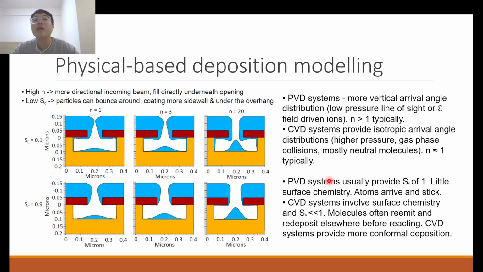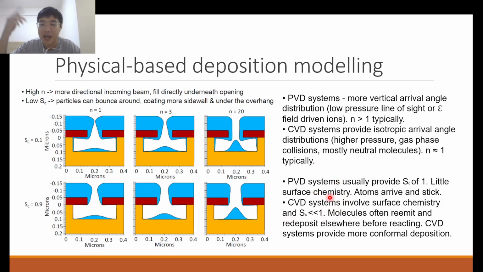Okay. And for SC, PVD systems usually provide an SC of 1 because there's little surface chemistry. There's no surface diffusion and reaction and that kind of thing. So atoms simply arrive and they stick to their position in general. However, CVD systems often involve adsorption and chemical reaction steps, and therefore your SC tends to be much less than 1.